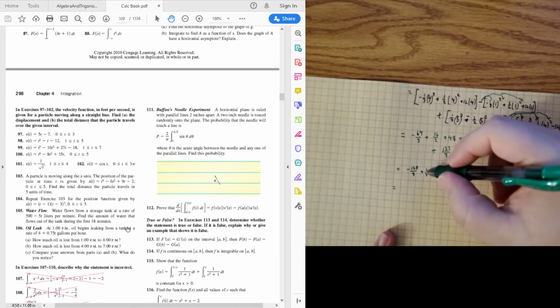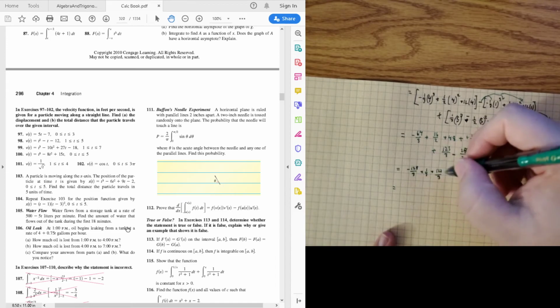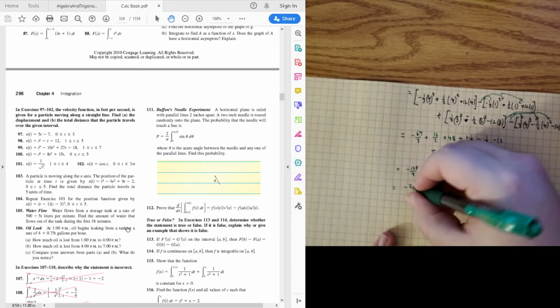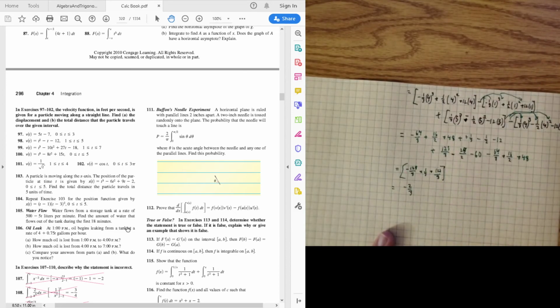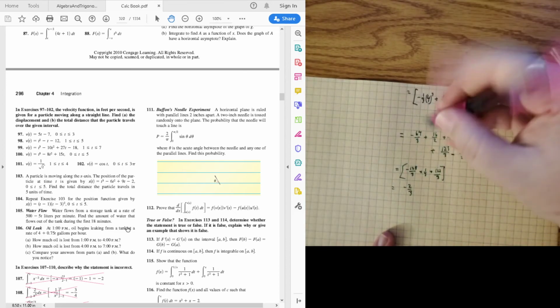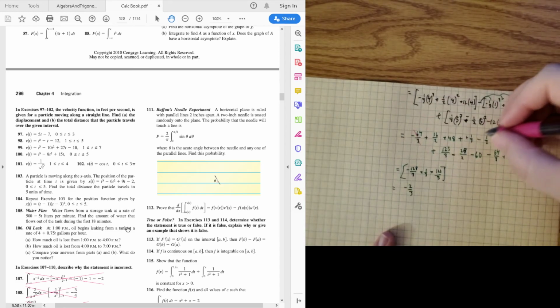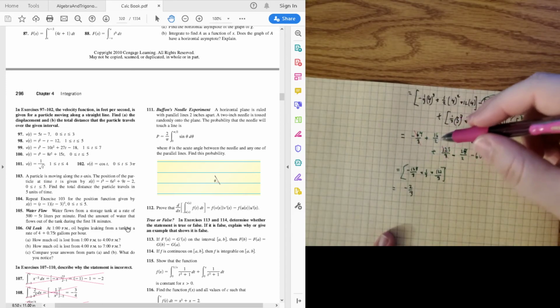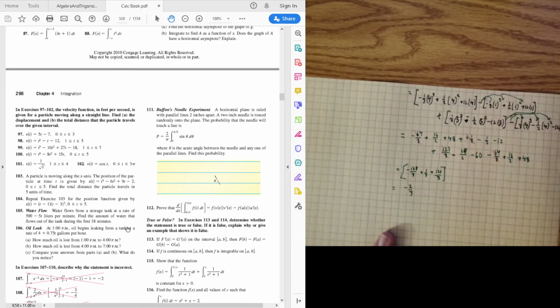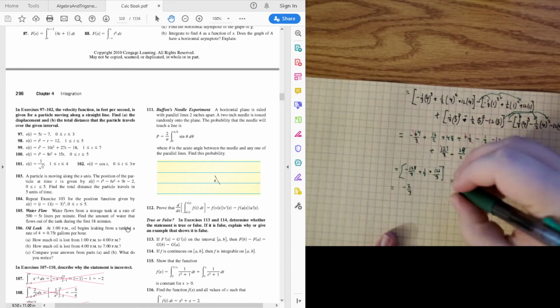Okay, 128 plus 1, that becomes 129, minus 125. This becomes negative 2/3. Whew, all those put together. All right. So that takes care of this one, and this one, and this one. Okay. All right, next one.